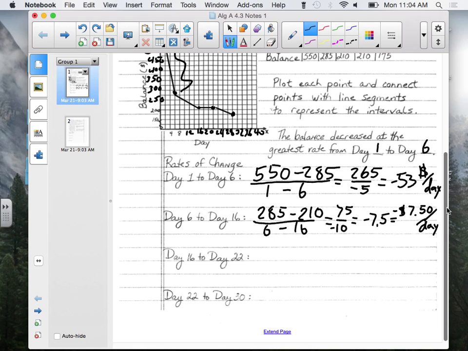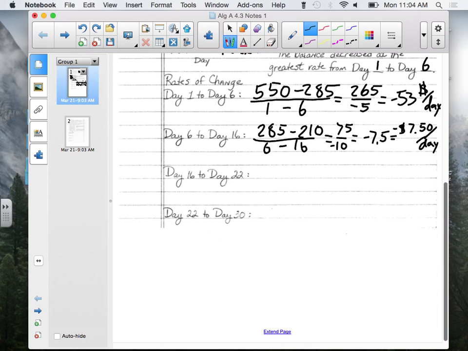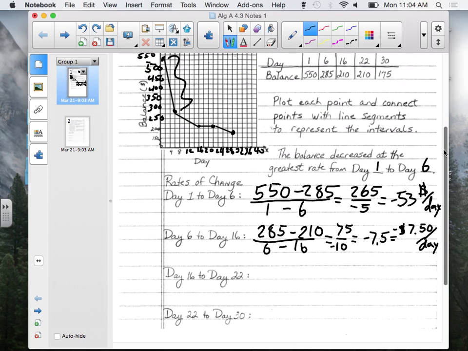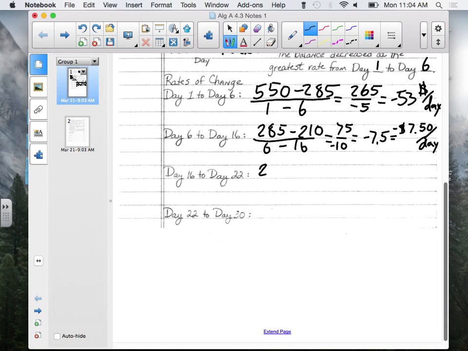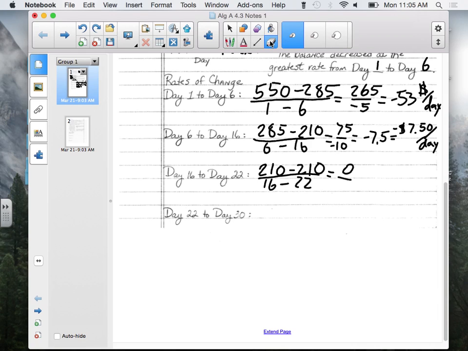Okay, so let's do day 16 to day 22. What were the numbers for that one? 210 minus 210. Okay, 16 minus 22. Alright, so we have 0 over negative 6.